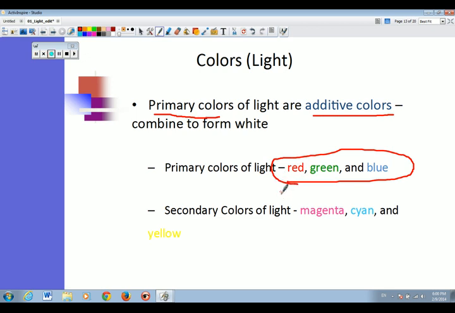Older computer monitors, those big ones your parents probably still have around, have a little gun at the back that shoots little dots of red and green and blue and mixes all of those to figure out every other color. There are secondary colors of light: magenta, cyan, and yellow. So you mix the primary colors to get secondary colors. If you mix all of the primary colors, you get white light.